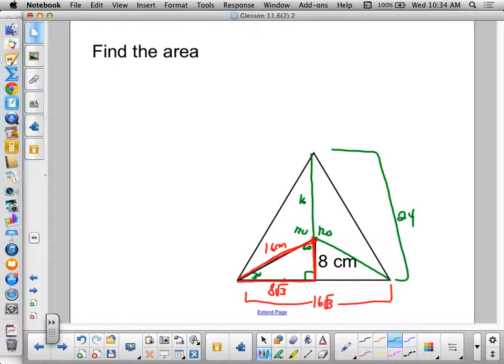So I could take 16 times 16 root 3 times 24 over 2, which would be reducing 12. 12 times 16, I should know that off the top of my head, but I'm going to check it. 192 root 3. That's one way we could do it, base times height over 2.